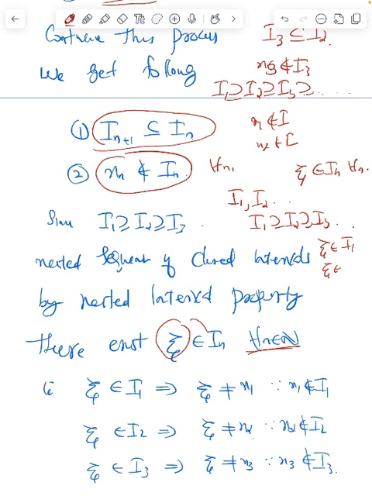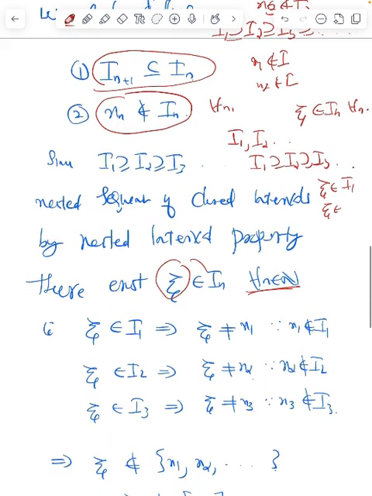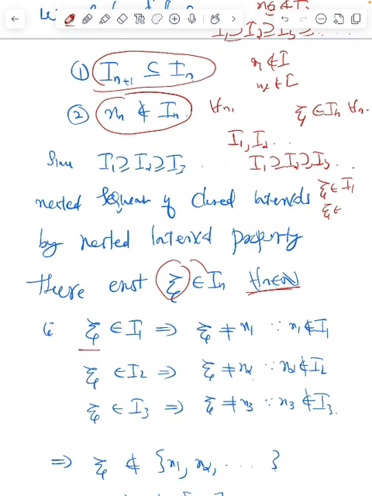For every In we have z contained in that In. So z belongs to I1. Since x1 is not a member of I1 and z belongs to I1, z is not equal to x1.